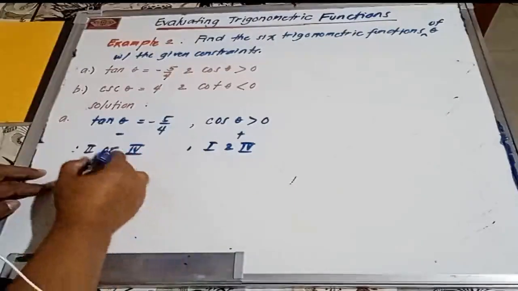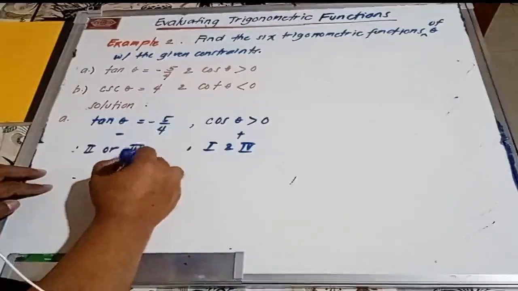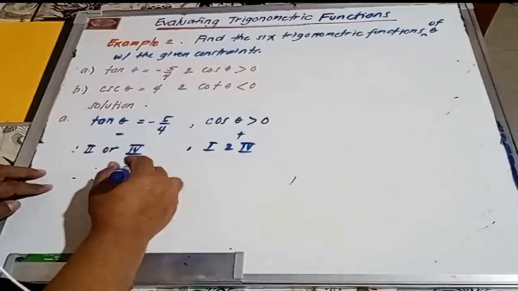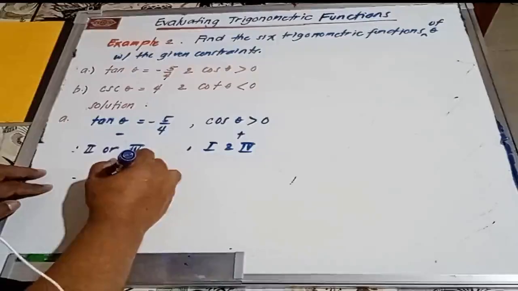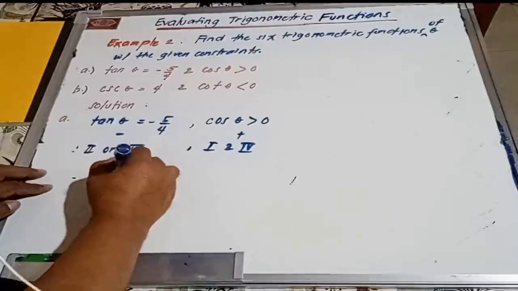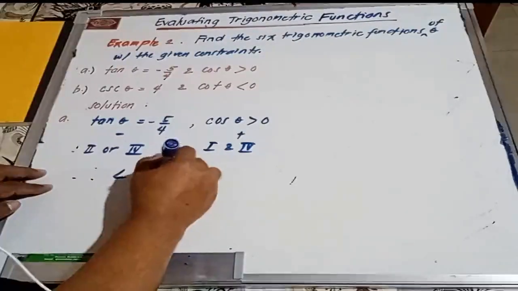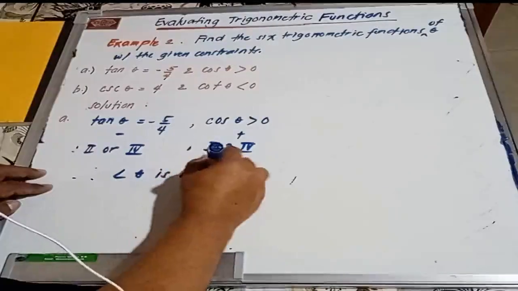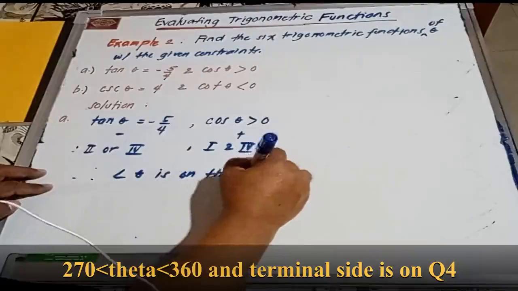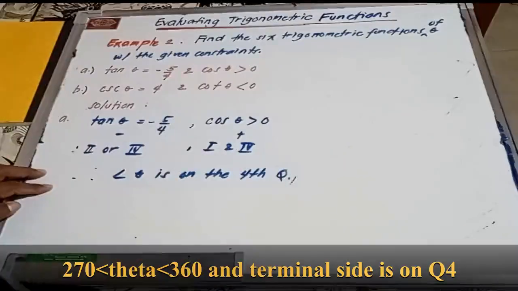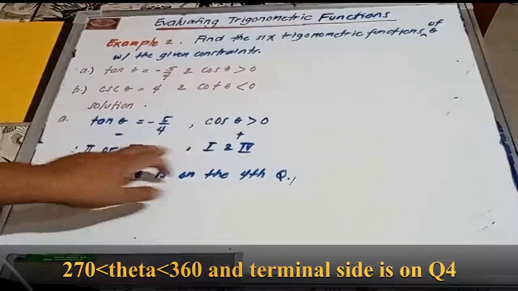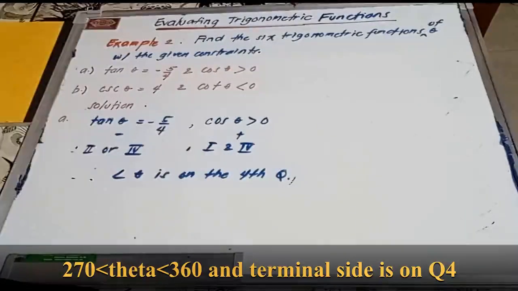Okay? Therefore, the terminal side is located on the fourth quadrant, or angle theta is on the fourth quadrant. Kasi doon nag-intersect yung conditions natin. Okay?